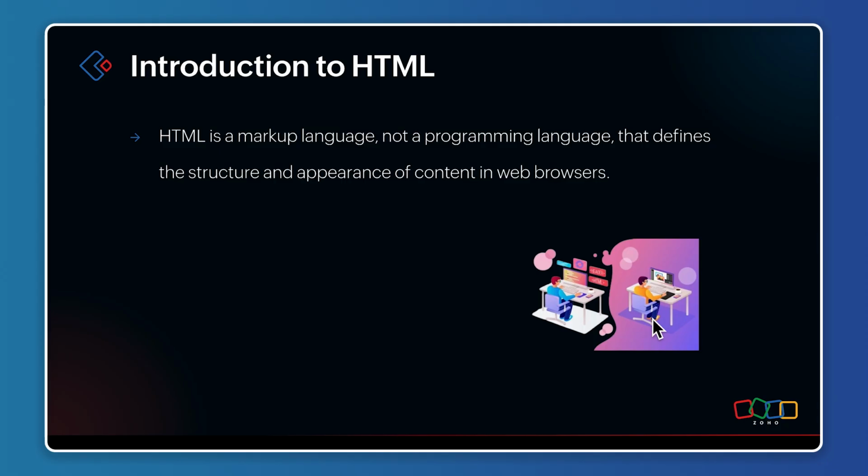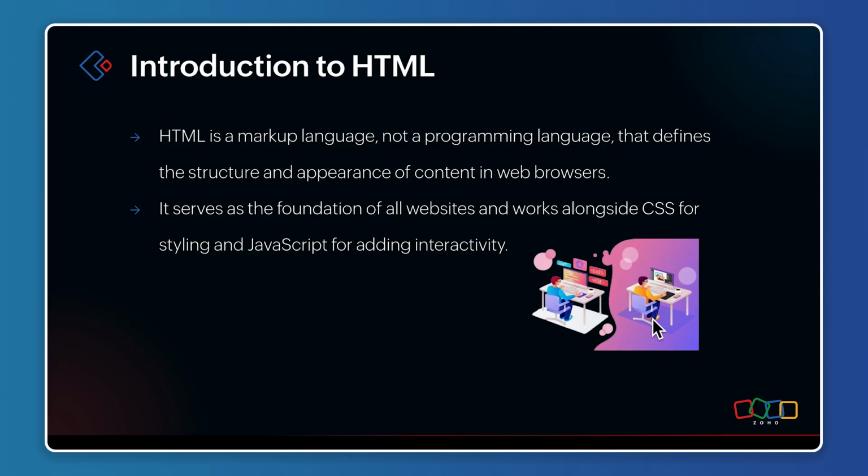With the help of HTML, you will be able to design your websites, right? This markup language serves as the foundation for all websites, and to do the different stylings we will be using CSS, and to make the website more interactive we will be using JavaScript, right? So this is a quick introduction to HTML.